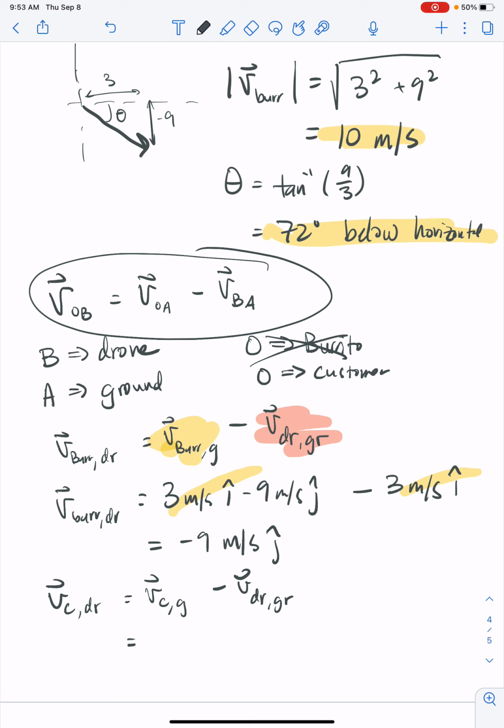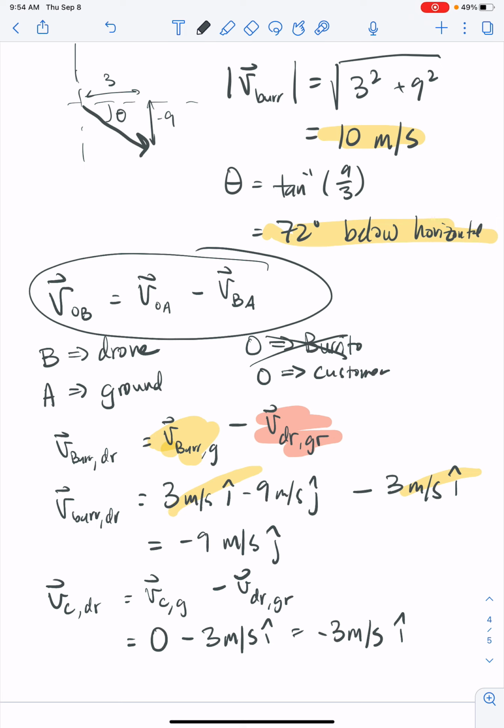In the ground frame, the customer isn't moving, so that first one's just 0. And then this is the same as before, so 3 meters per second i hat. So in the drone frame, the customer looks like they are moving backwards, or to the left, at a speed of 3 meters per second.